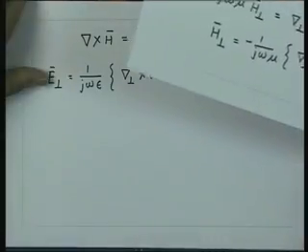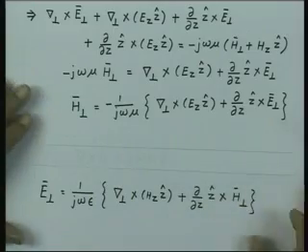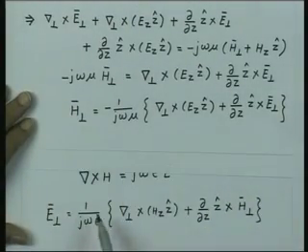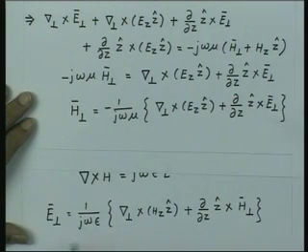So, see here this expression is identical to the expression which we had for H transverse. Minus j omega mu is replaced by j omega epsilon, Ez is replaced by Hz, and E transverse is replaced by H transverse.